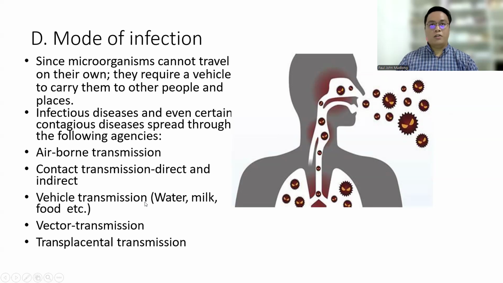Vector transmission is those with the mosquitoes, which have a vector that will pierce your skin. Placental transmission, as I discussed a while ago, is from the mother who delivers an unborn child. The microorganisms make their way to the placenta.